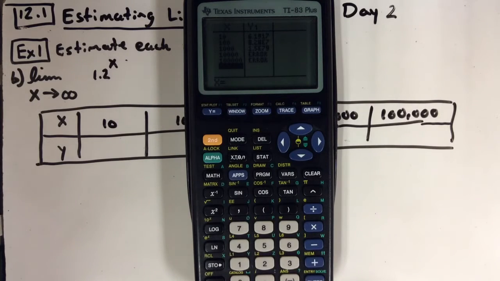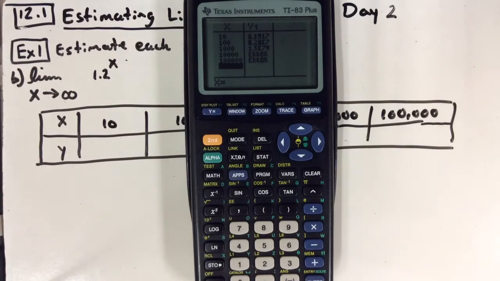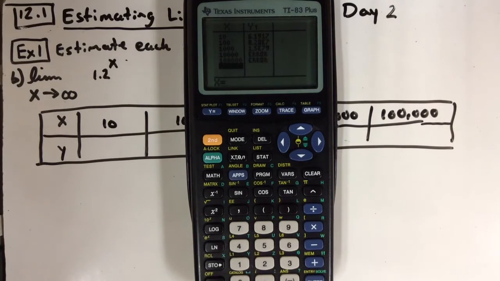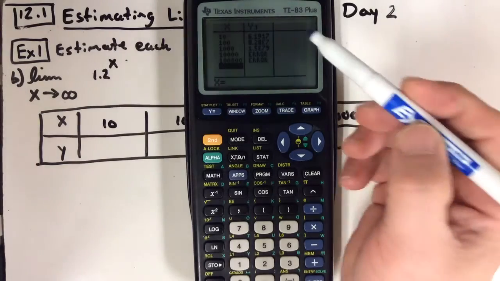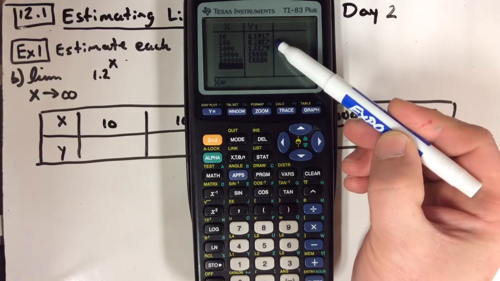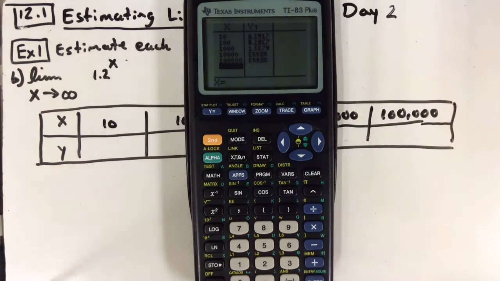There we go. So if you take a look at our calculator, there are some numbers there that are a little bit different. First of all, the first y value, when we plug in 10, gives us a decent number, 6.1917. But if you look at the second number, we have an E in there. It is 8.28 E7.